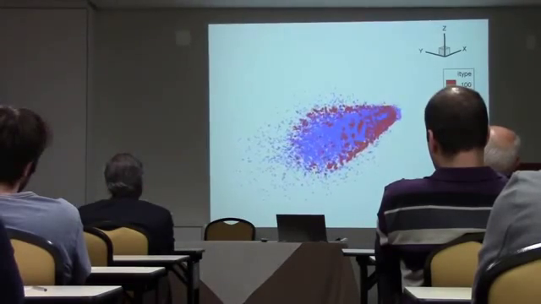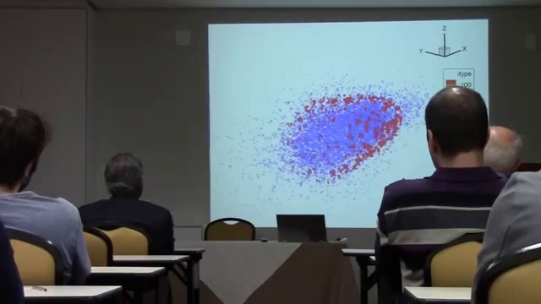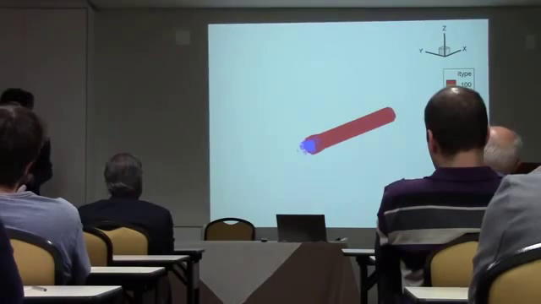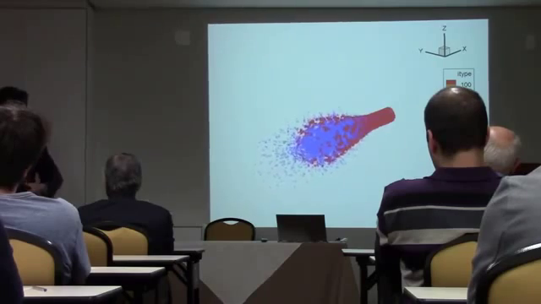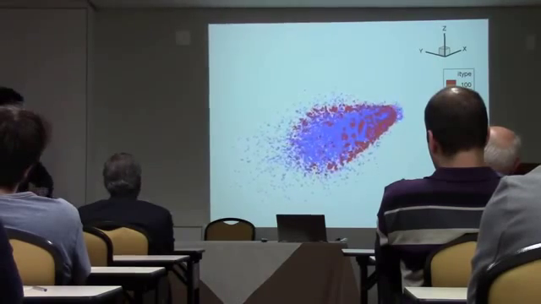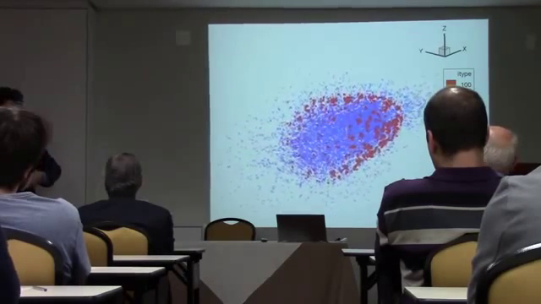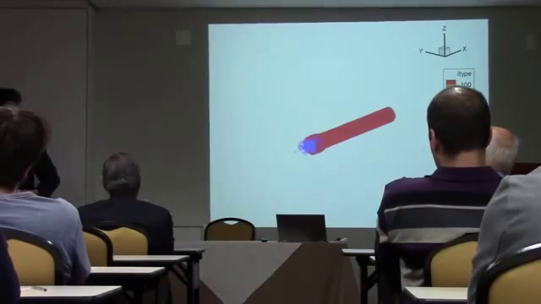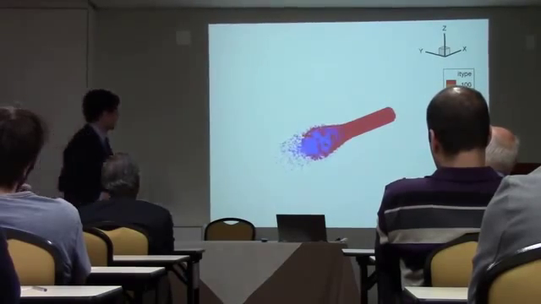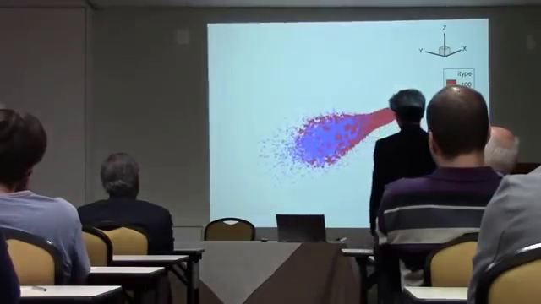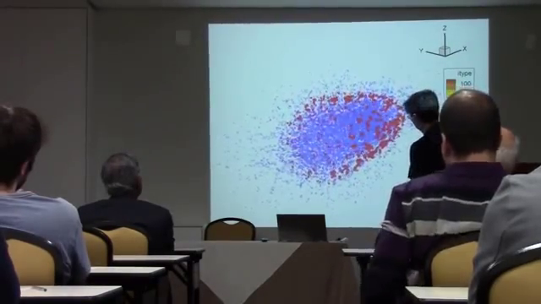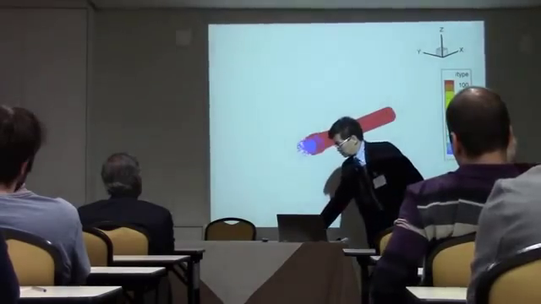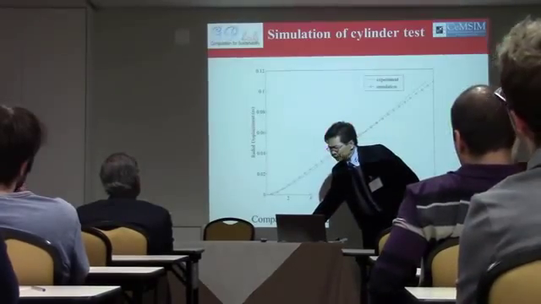Here is another model. I have an explosive inside, cylindrical. On the surface, I have a copper cylinder that holds in this explosive. So you see the detonation. Although the casing is a solid material, it gets fragmented into pieces.